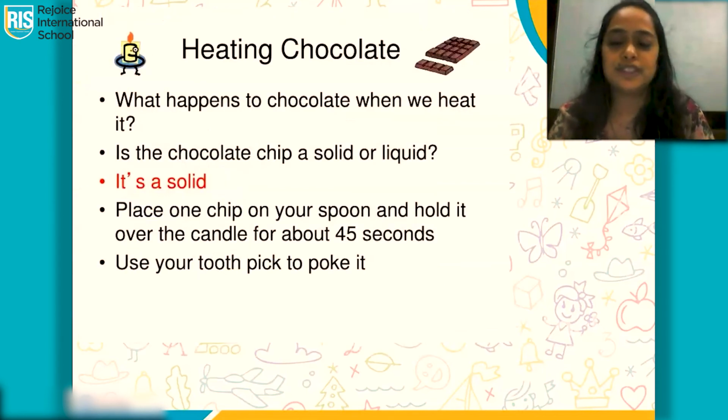Let's see what happens to chocolate when it is heated up. Is the chocolate chip in a solid or liquid state? It's still solid. Place one chip on your spoon and hold it over the candle for about 45 seconds only. Use your toothpick and poke it.